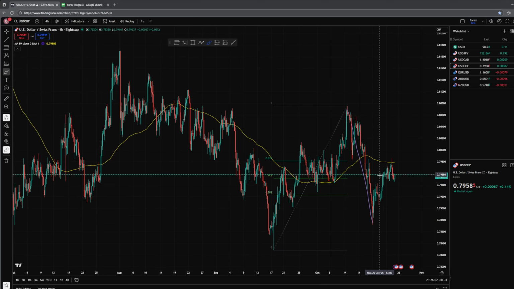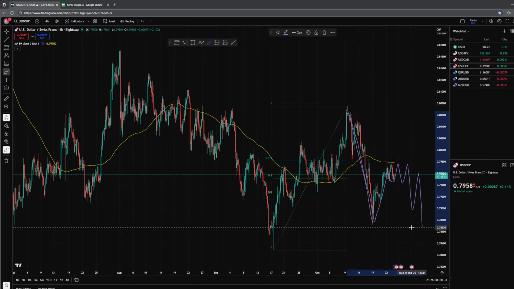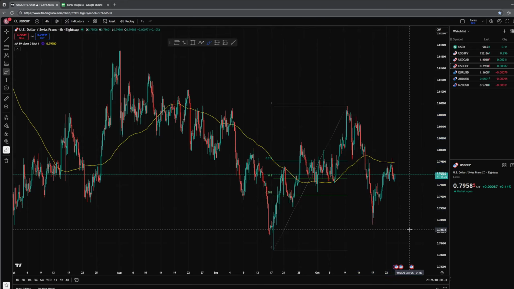So at this point, trend is considered to be down. Market could retrace a little bit and continue to go down. In other words, USD is getting weak against the Schweizer franc, which of course conflicts with the overall USD index chart. Since we have conflicting stories, we will not force any trade on USD Schweizer franc.